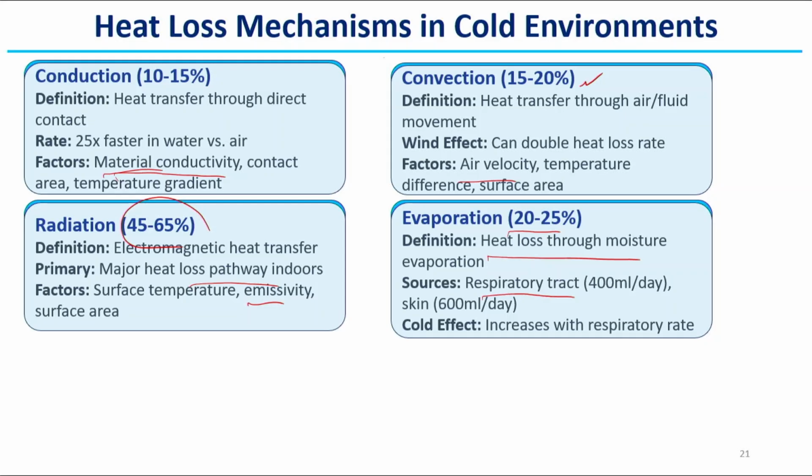From the skin, typically when a person is sitting idle, around 60 milliliters per day of moisture gets evaporated in the insensible perspiration situation, and it increases with the respiratory rate.